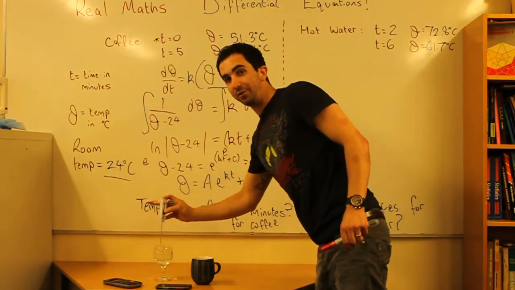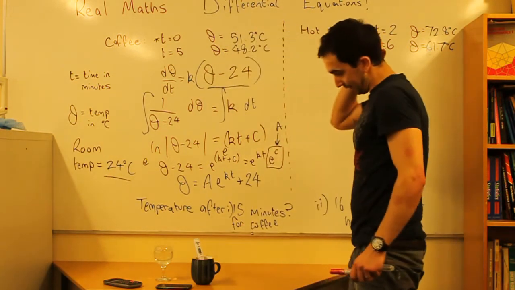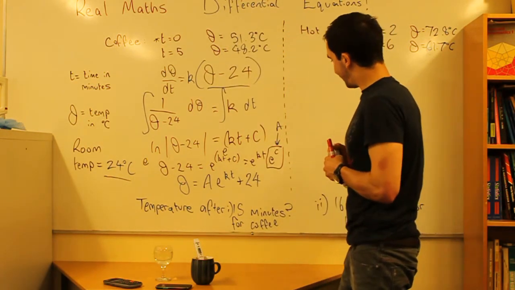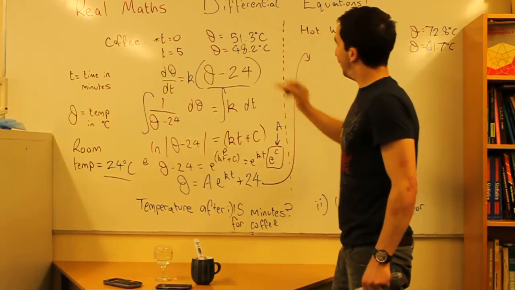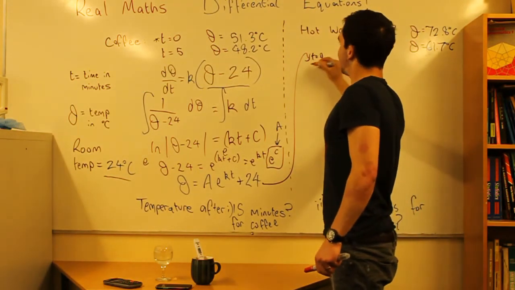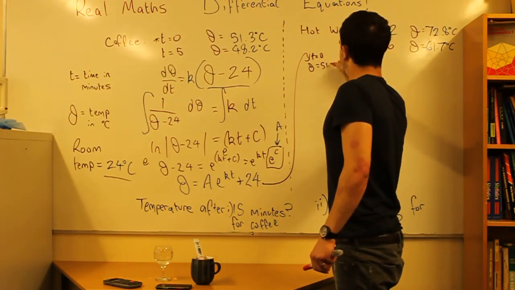Now just up for the grand finale, I'm going to put that in the coffee ready. Okay? We're going to have to go to this side of the board now, and we are going to think, well, when t equals 0, then theta is 51.3. Okay?